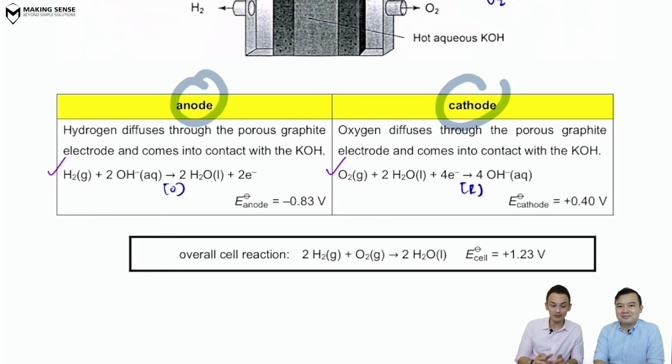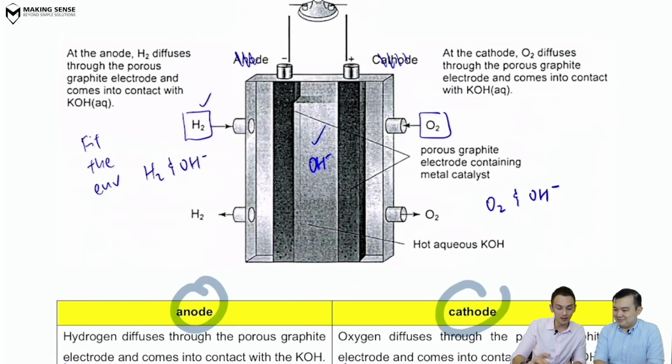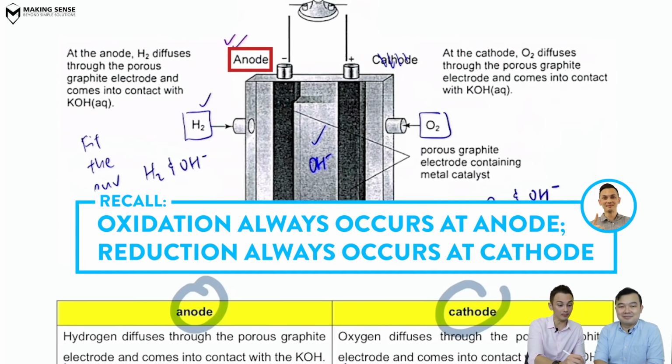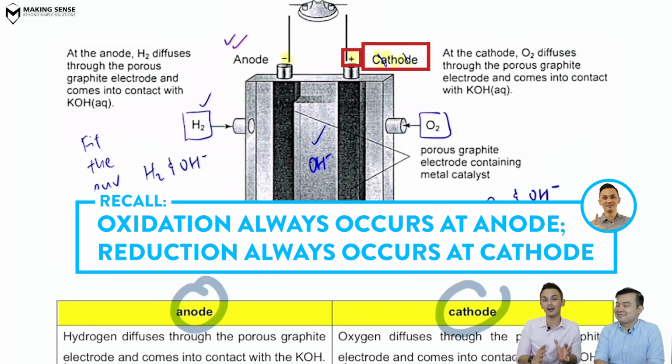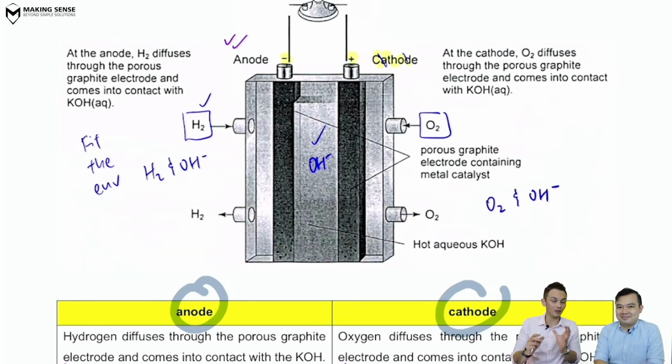So only when you have this sorted out, then you can label this as the anode, where oxidation is taking place, and anode is a negative terminal. Then on the other side, it will be reduction, which is cathode, and this will be the plus terminal. So just bear in mind this fits the environment to decide who gets oxidized, who gets reduced, and then you just do whatever that we have been teaching you all this time.